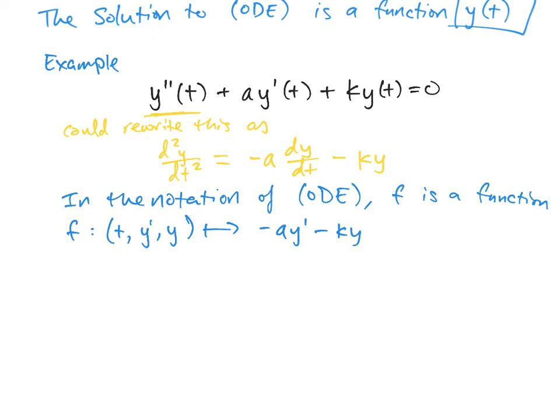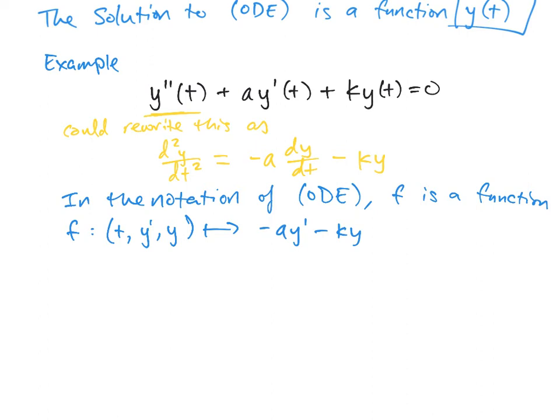So a key observation here is that this is a differential equation, so we expect there to be derivatives, but there are not derivatives of the function f. The derivatives are on the function y, and they're taken with respect to the variable t. So that's important to be able to identify.